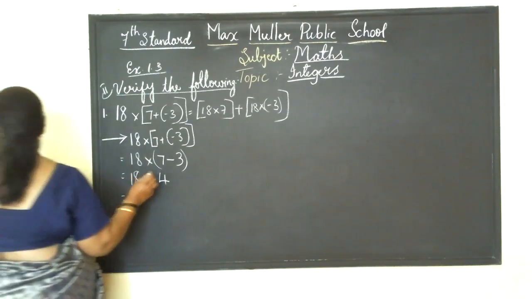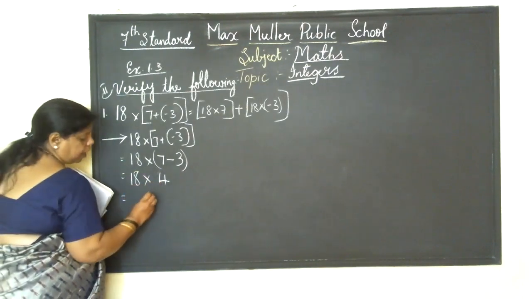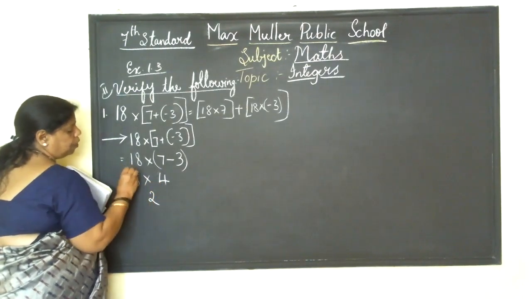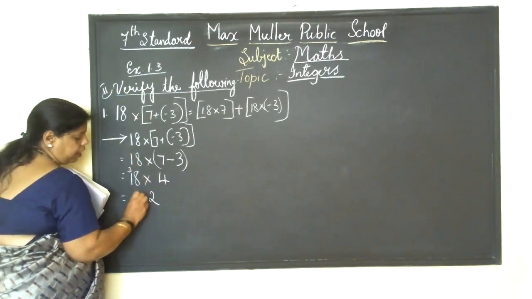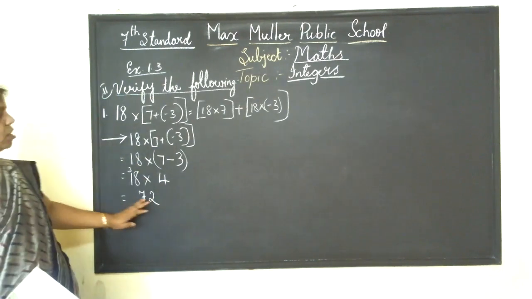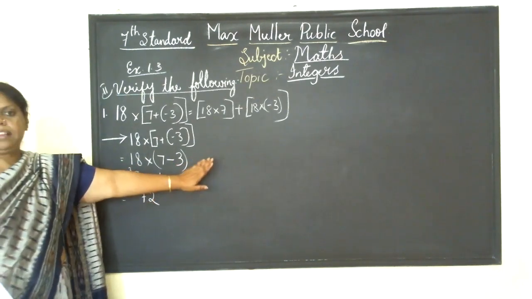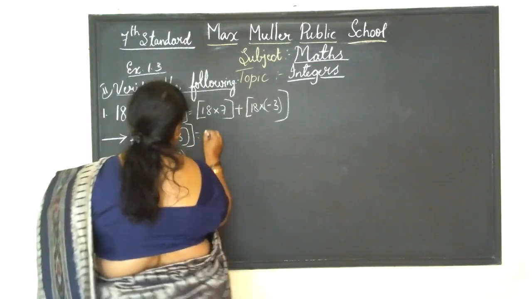What will be the answer? If you don't know the table, 4 8s are 32, 3 carry over. 4 1s are 4 plus 3, 7. See, on one side I got 72. Let us see whether the same answer will come on the other side.